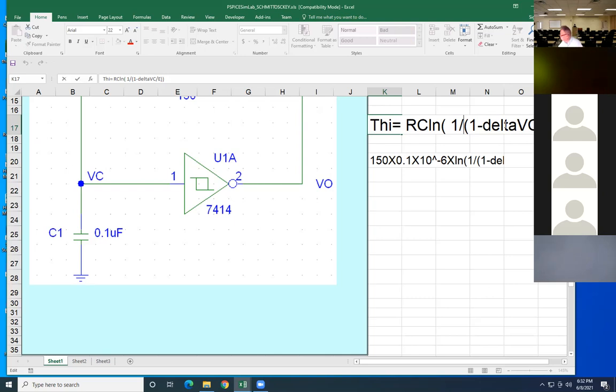So 1.08 over E. E means 2.75... Oh, no, it's 3.33. Yes, we're doing the high, so 3.33.